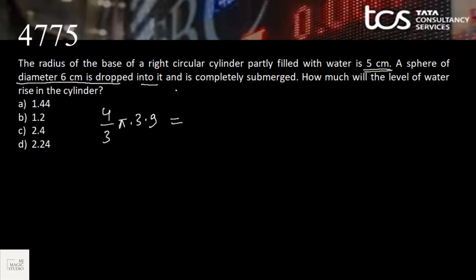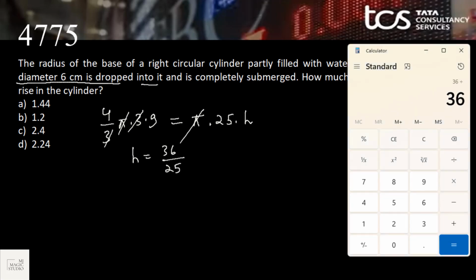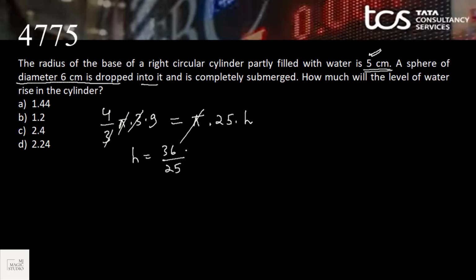Volume of water displaced in the right circular cylinder would be pi r square, r is 5 centimeter, r square is 25, into the height or the level by which water is displaced. Let it be h. We just need to solve this. So h is 36 by 25, which will be 1.44. So water displacement is by 1.44 centimeter. Option A.